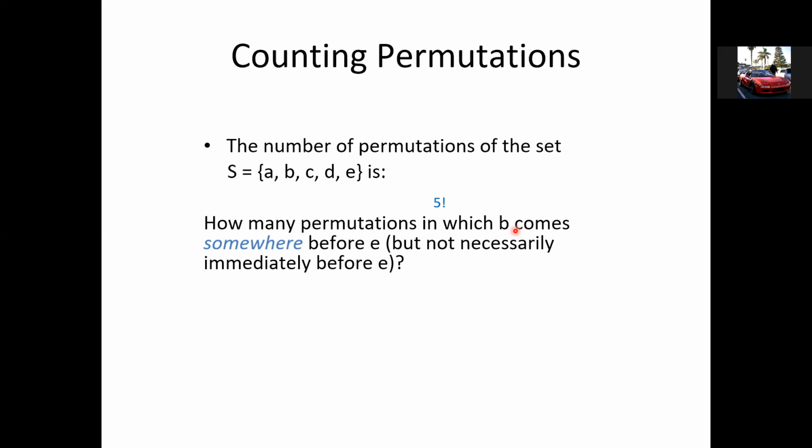And to answer this, the only bit that you need to know is the following. What do you think about the size of the B first class relative to the size of the E first class of permutation? What would be your guess?